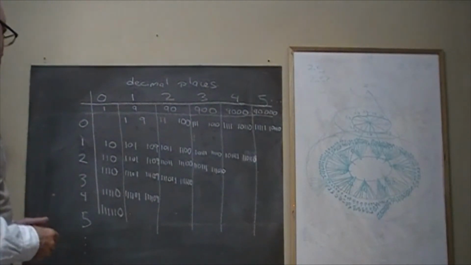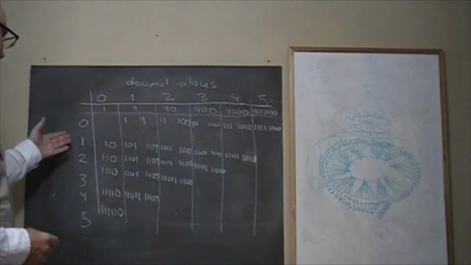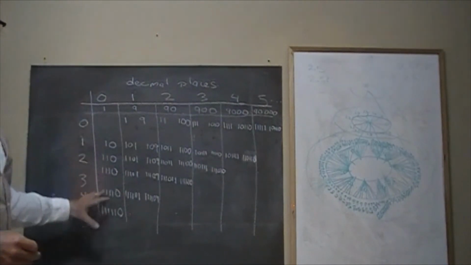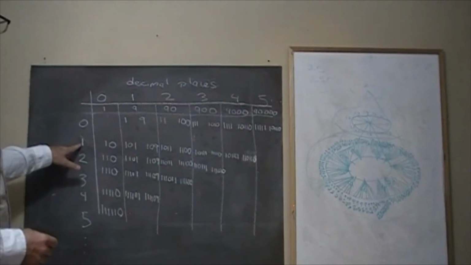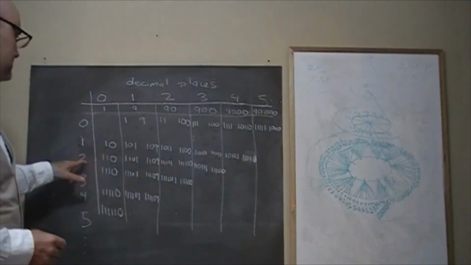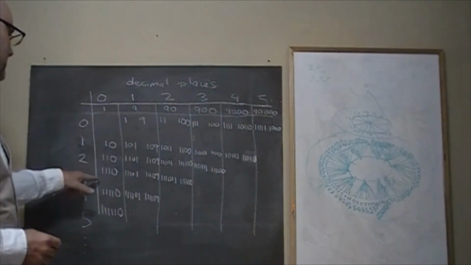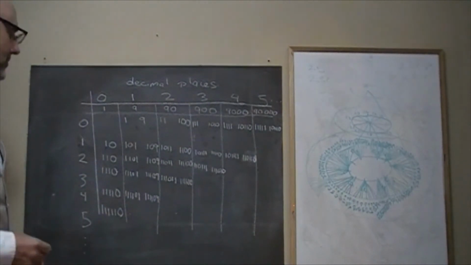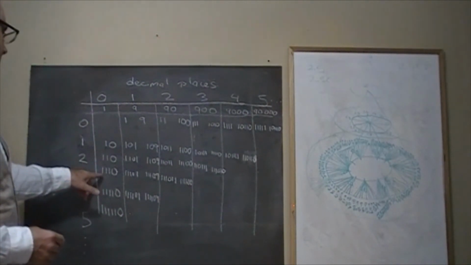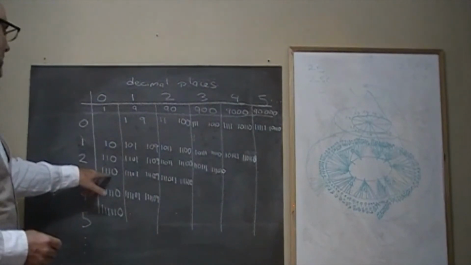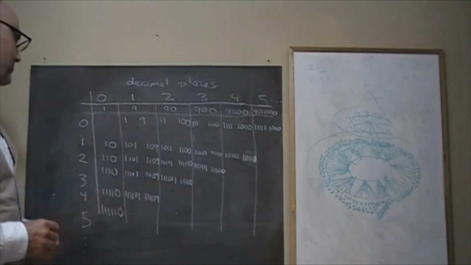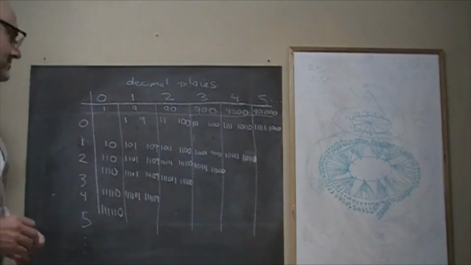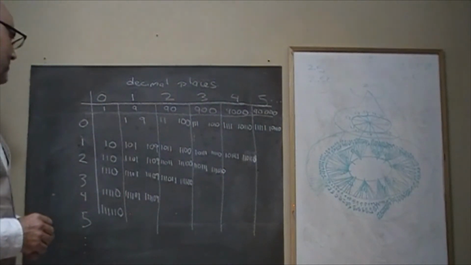So for example, if we just look at the integral components, 1 is the 10th number, 2 is the 110th number, 3 is the 1110th number. So you basically have 3 ones and a 0. For 4, you have 4 ones and a 0. For 5, you have 5 ones and a 0. And that will keep continuing.